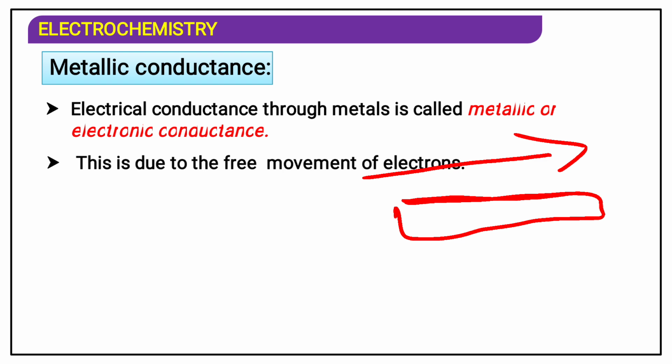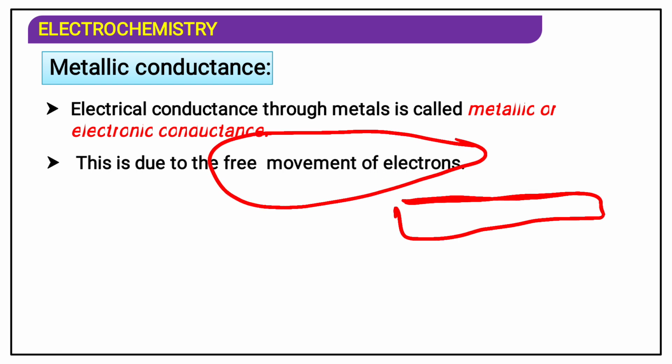That is very important. The electricity conducts due to the free movement of electrons. That is a very important point, please note it down. Metallic conductance is nothing but electrical conductivity occurring in metals due to free movement of electrons. That is the exact definition.